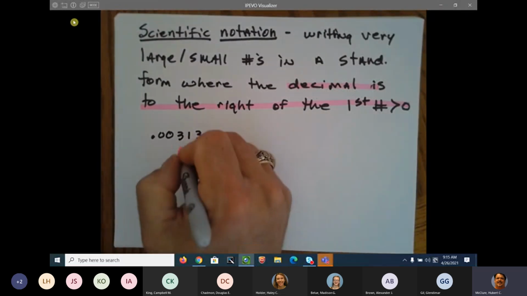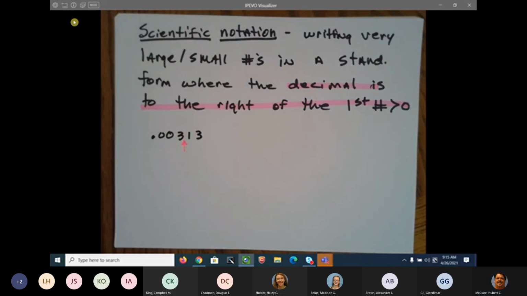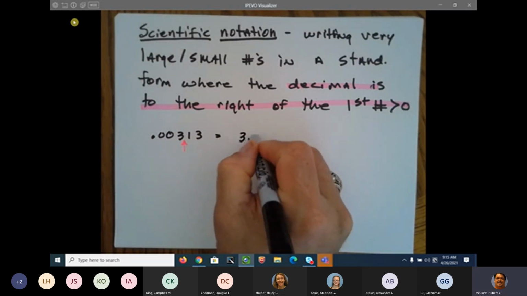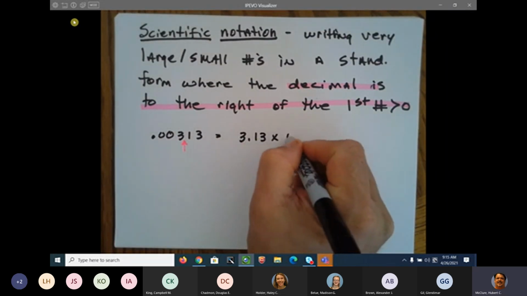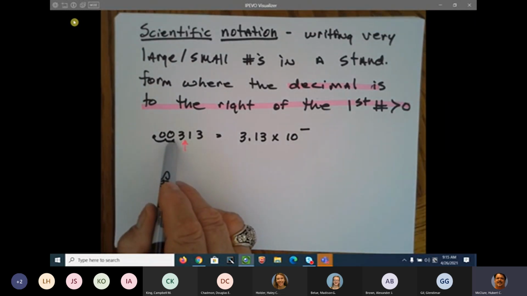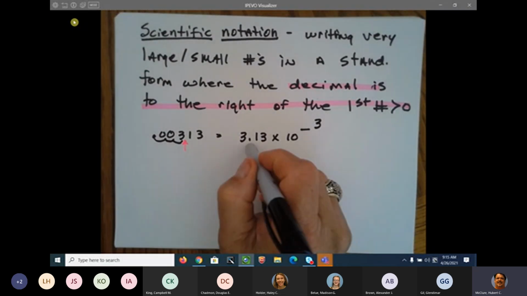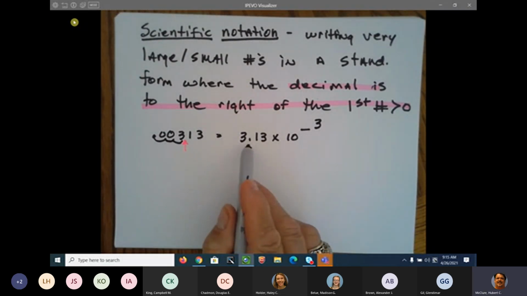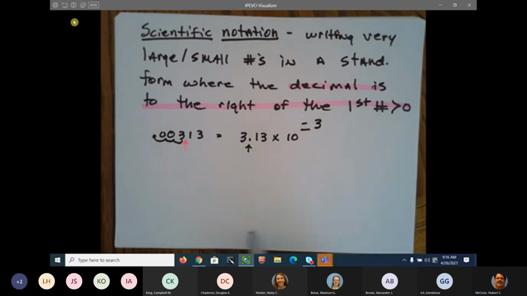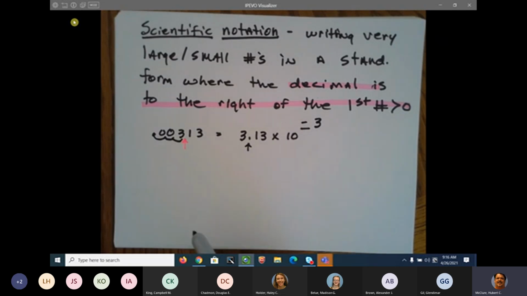The decimal goes right here because we know our definition. So that's going to be 3.13 times 10 to the blank. Let's count how many places. 1, 2, 3. To the third. And which way do I move this decimal to get it back the way it was? To the left. So your answer is 3.13 times 10 to the -3rd power.